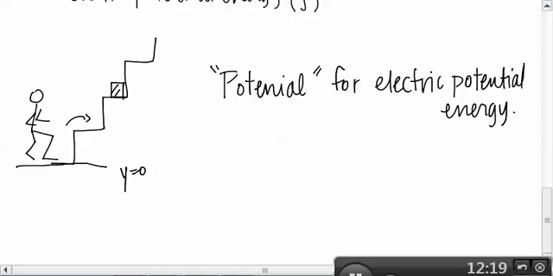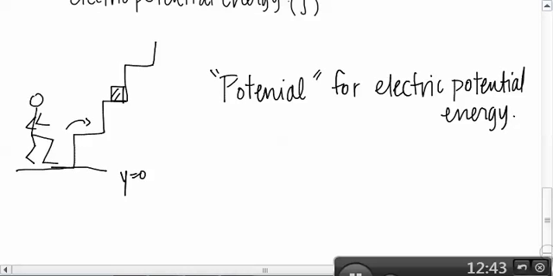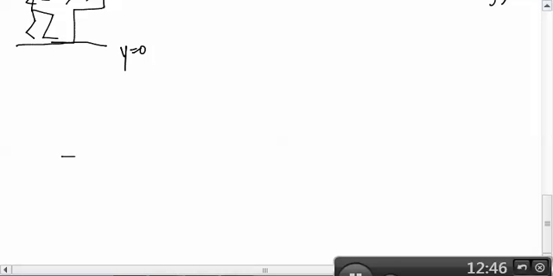The overhead projector is using some of the 120 volts we all enjoy from our outlets. So voltage is a really common value, where gravitational potential is not really useful. So this potential for electric potential energy: if you've got a charge, like a big positive Q here, and it's at the top of the stairs, because it has a positive charge it would have the most energy there, but there's not a charge sitting on the stair step.